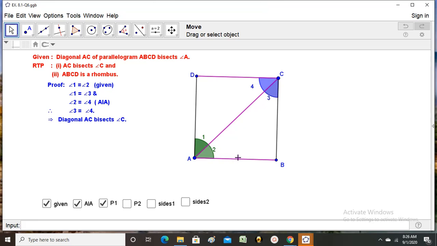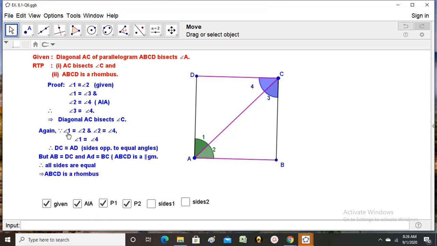Now we have to prove that it is a rhombus. For that, I want to take the second part here. Again, since angle 1 and 2 are equal, and 2 equal to 4, these 1 and 4 are equal now. Again, don't get confused.